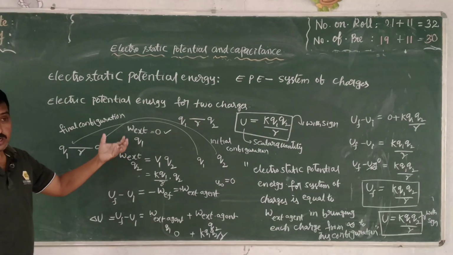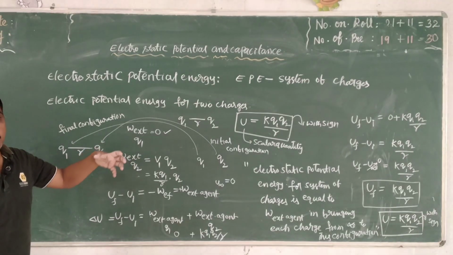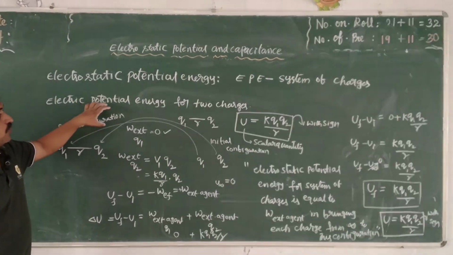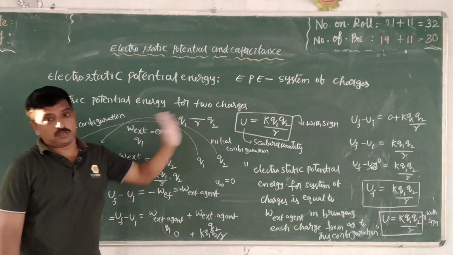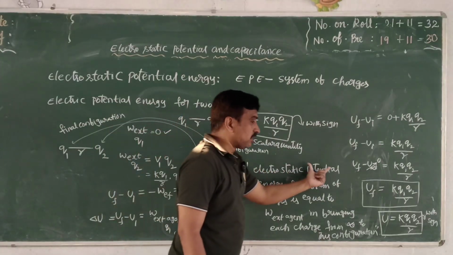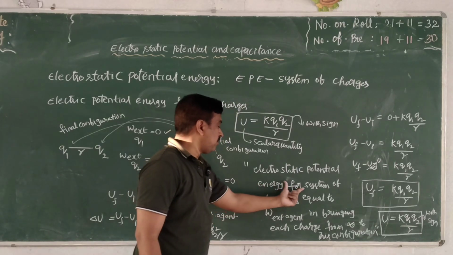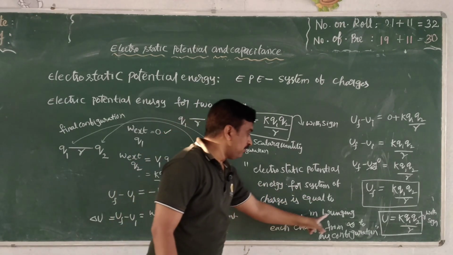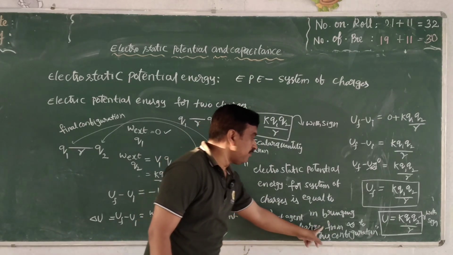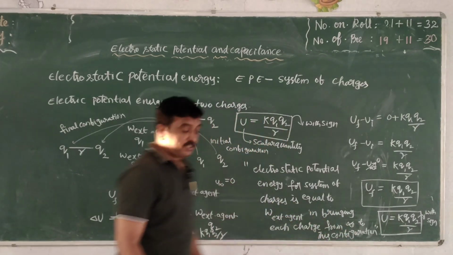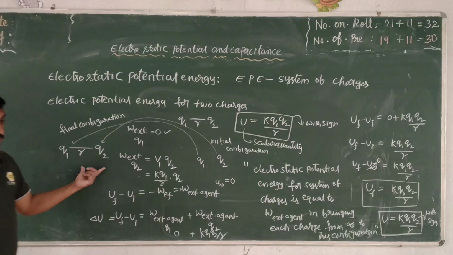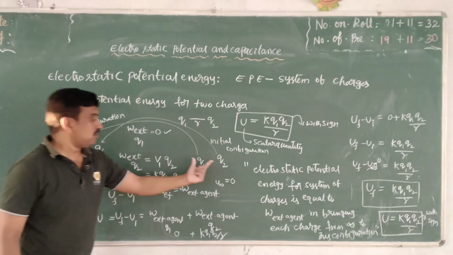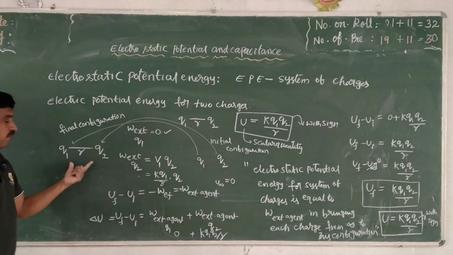So the total work done by the external agent is equal to the electrostatic potential energy for a system of charges. That only, right. Electrostatic potential energy for a system of charges is equal to the work done by the external agent in bringing each charge from infinity to this configuration. That means change in potential: this is the initial configuration, and this is the final configuration.